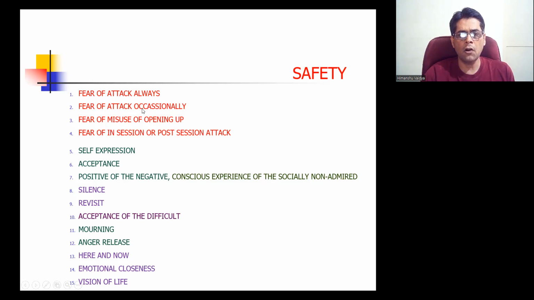There is a fear of misuse of information revealed, of opening up, or there is a fear of attack in session or after the session if you release difficult feelings towards somebody in the session. So these are some of the issues of safety which we encounter in sessions. And we deal with them differently, of course.